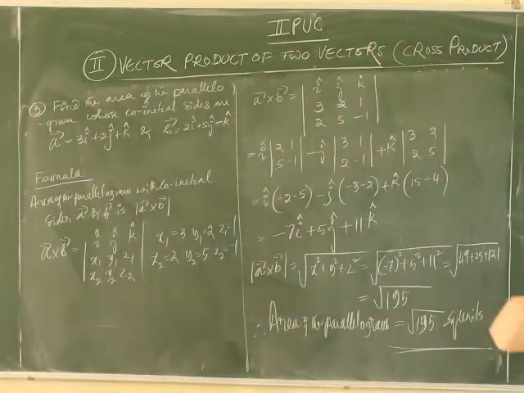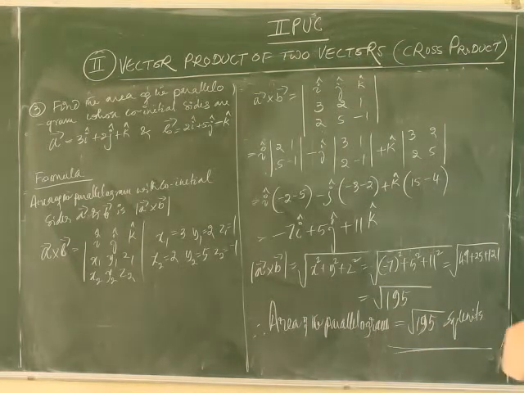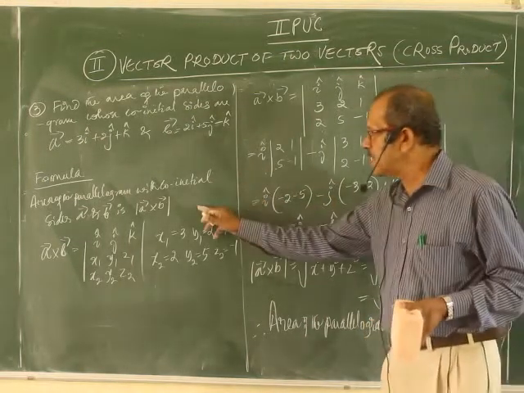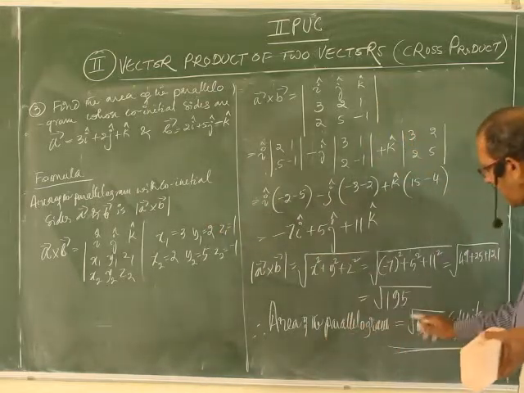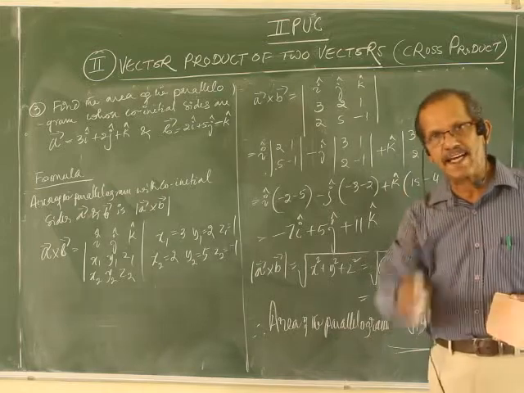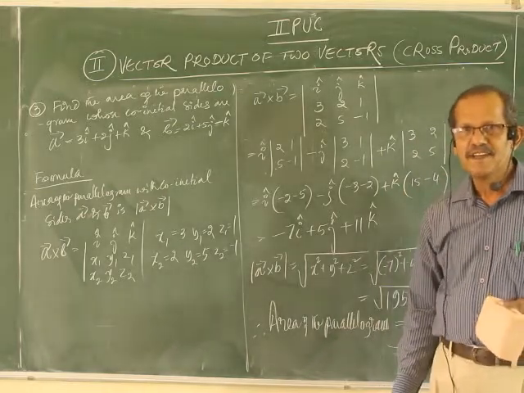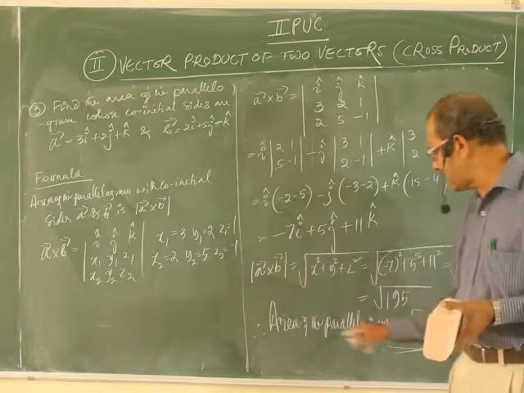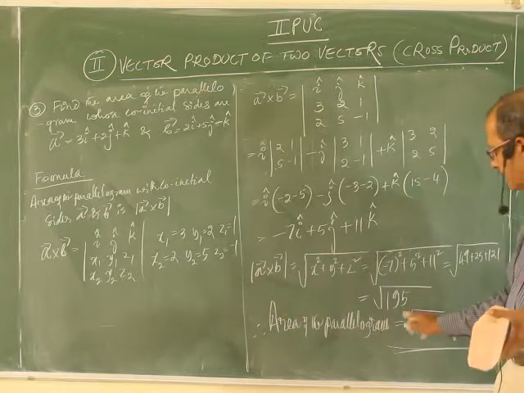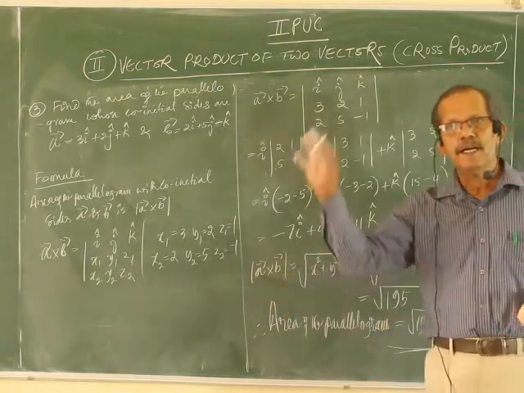If I ask you to find the area of the triangle, once again the same, A cross B, mod A cross B, but here you have to take half of this, because there are two triangles in a parallelogram. Half of this is nothing but the area of the triangle.